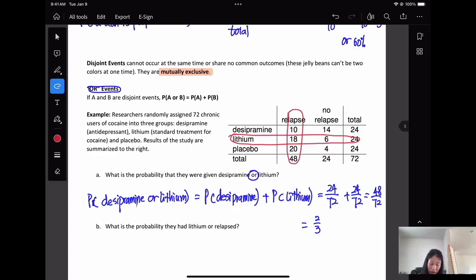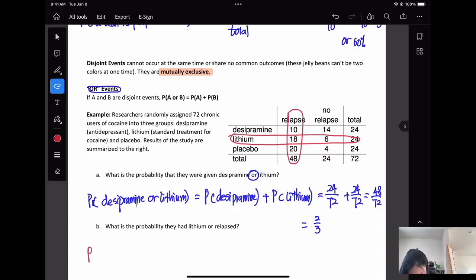You may find that they have an overlapping part. That means this is not a disjoint event. When you have lithium, you could relapse. These two events can occur at the same time. They are not mutually exclusive. So what would be the probability?